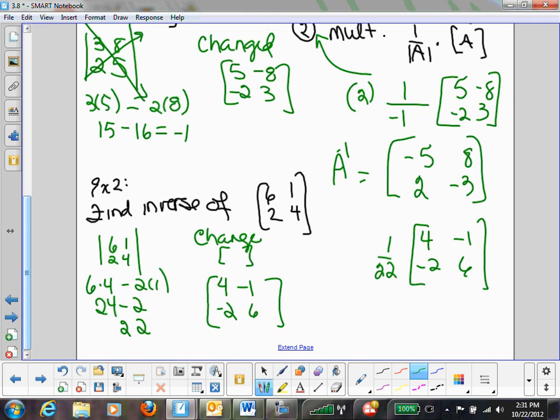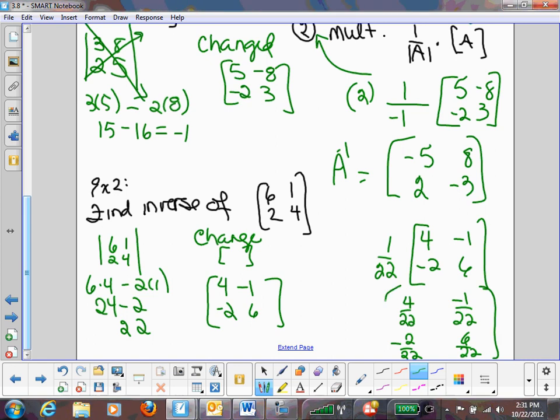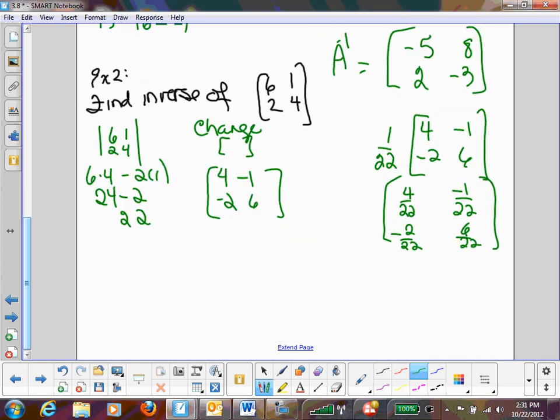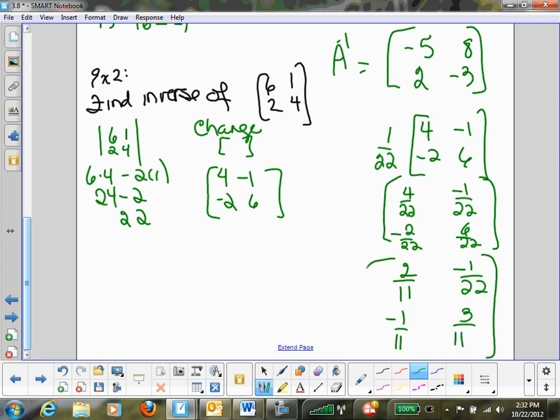Which gives me 4 over 22, negative 1 over 22, negative 2 over 22, and 6 over 22 in a matrix, correct? And of course, we always want to reduce them down. So that reduces down to 2 elevenths, negative 1 22nd, negative 1 11th, and 3 elevenths.